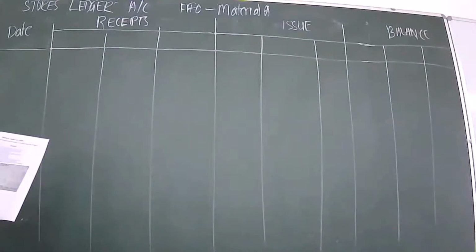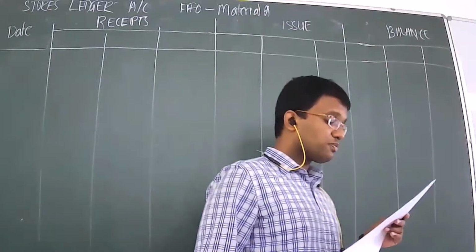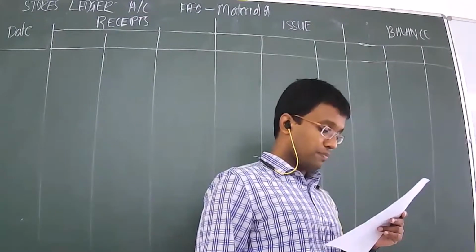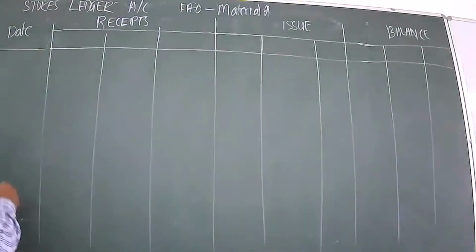Now here, what the question is telling us is that on 2nd of Jan in 2020, your business purchased 4,000 units at 4 rupees. Let's see how we enter this into store's ledger account.